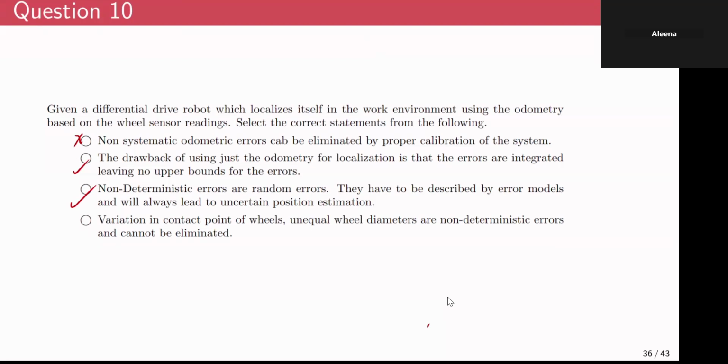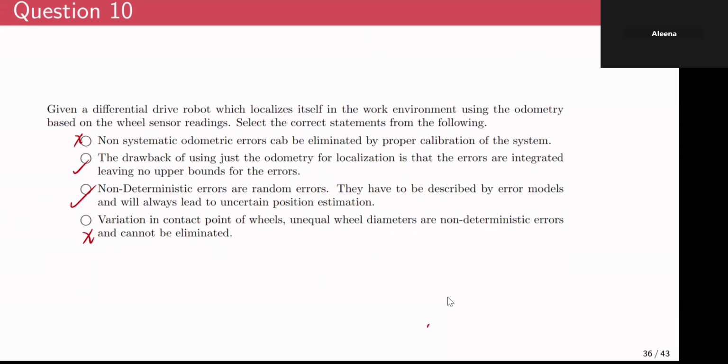And the fourth statement is variation in contact point of wheels, unequal wheel diameters are non-deterministic errors and cannot be eliminated. That is false, right? So issues with wheel diameters, our fabrication methods are very well matured so that we can have wheel diameters of very close tolerances.